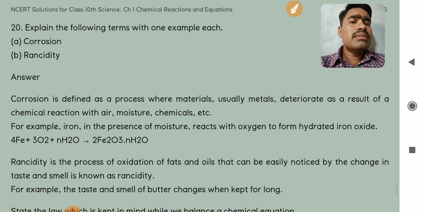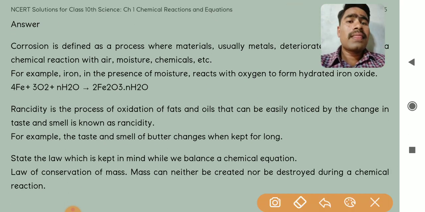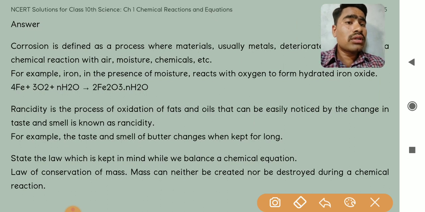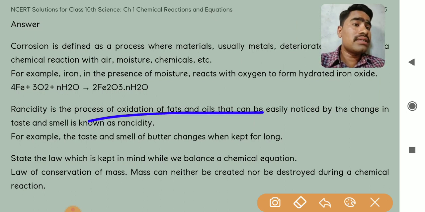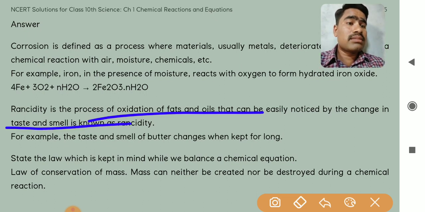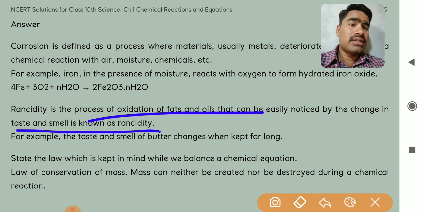Then the second term is rancidity. Now what is rancidity? Rancidity is the process of oxidation of fats and oil that is present in the food. When fats and oil containing food get oxidized, the change of taste and smell takes place, and that is nothing but rancidity. So rancidity is the process of oxidation of fats and oil containing food.